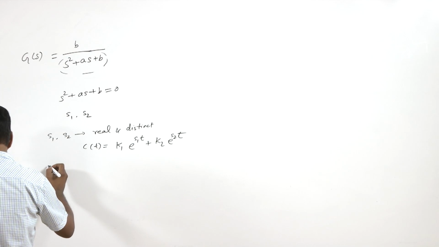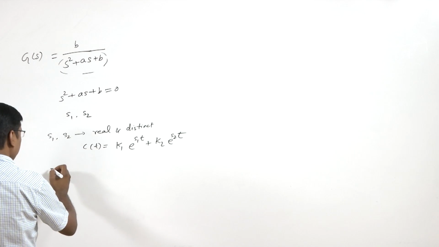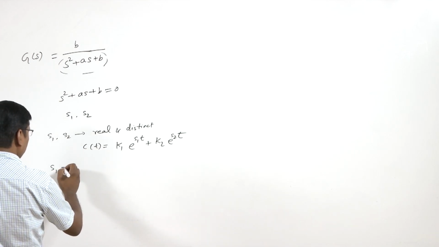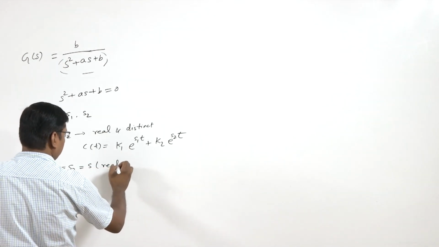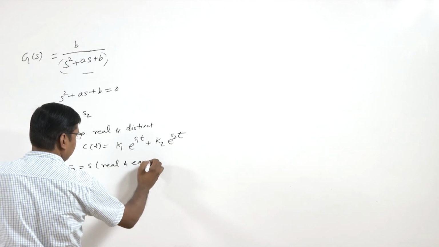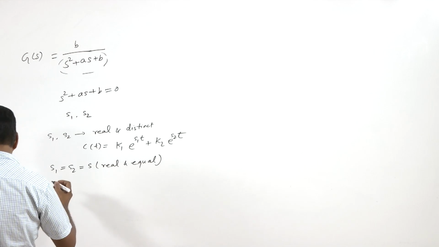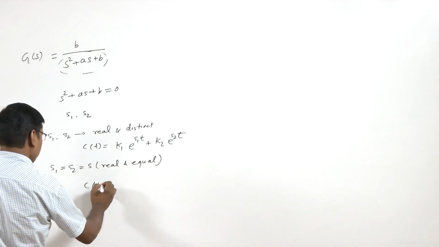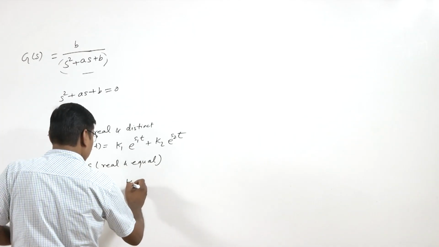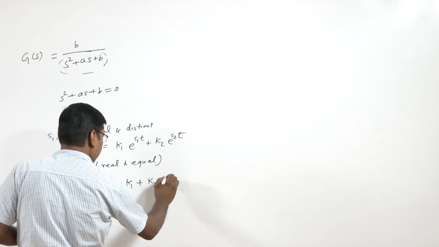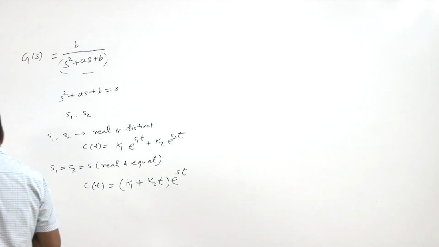If they are real and equal, so s1 equal to s2 equal to s, we will have c(t) equal to (k1 plus k2 t) e^(st).